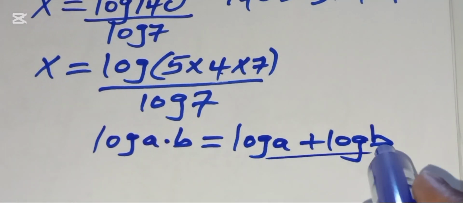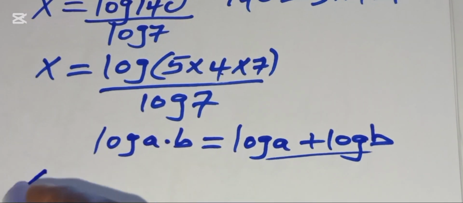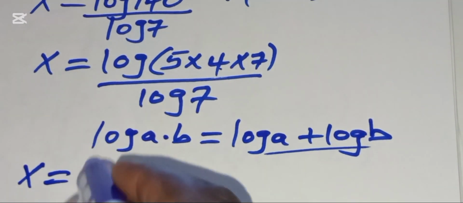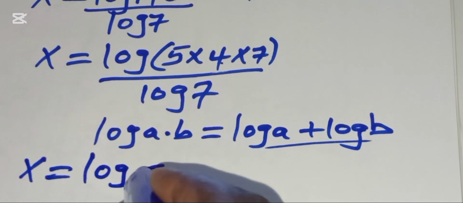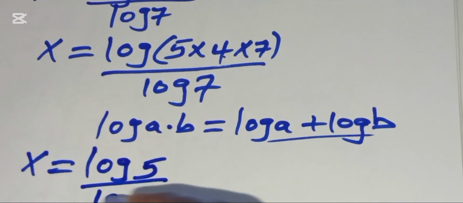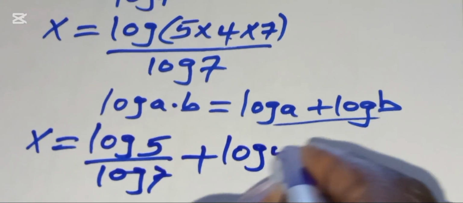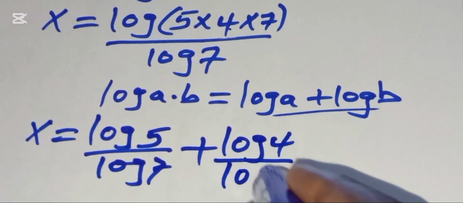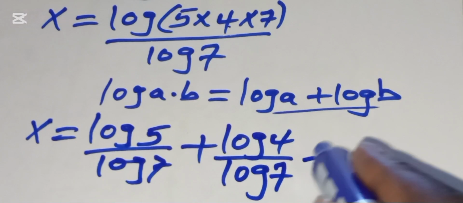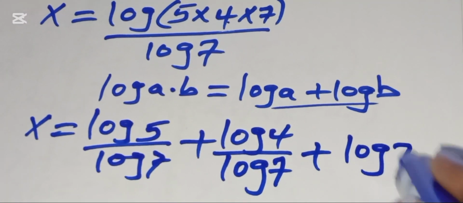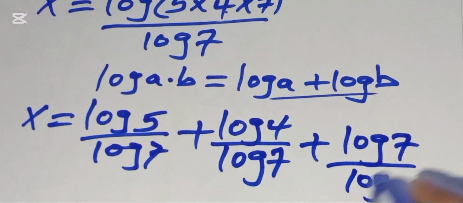Applying this property, x is equal to log 5 divided by log 7 plus log 4 divided by log 7 plus log 7 divided by log 7.